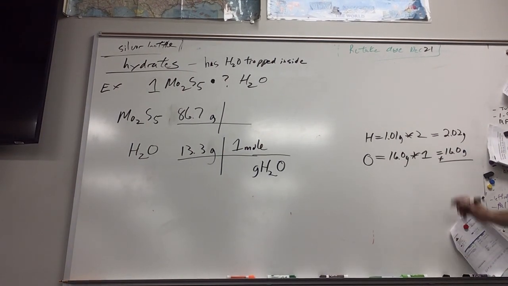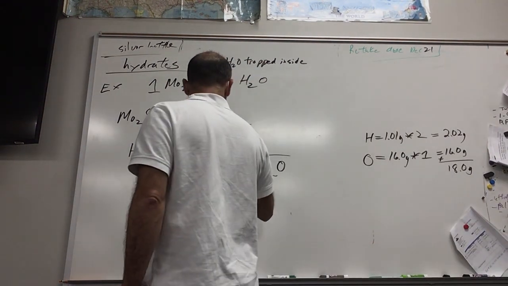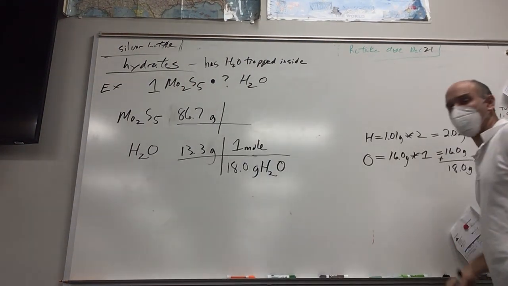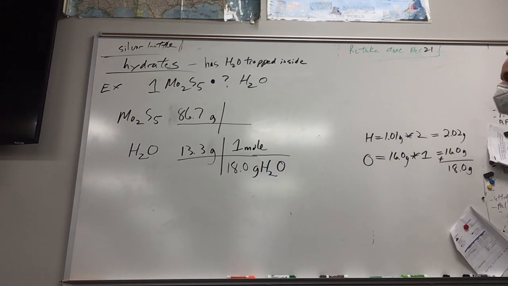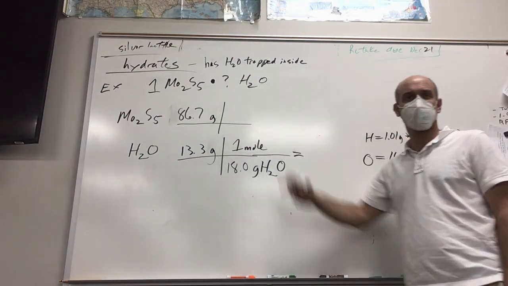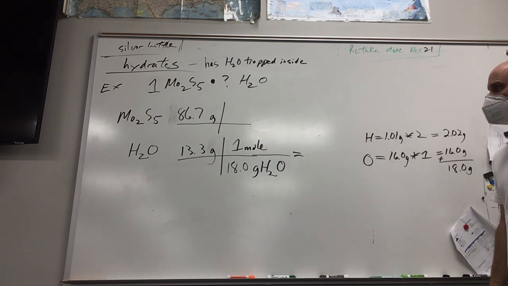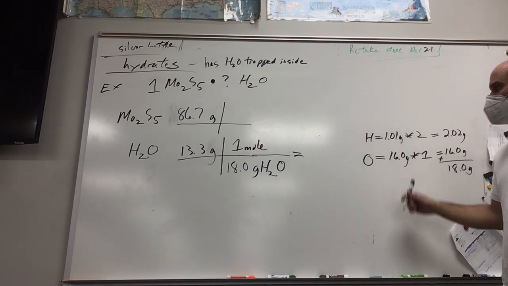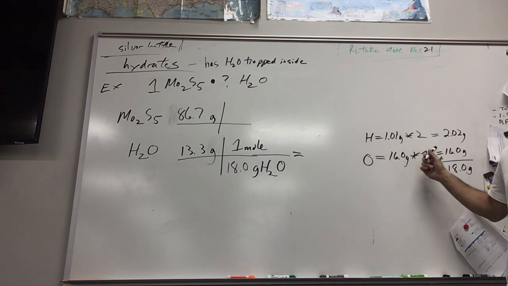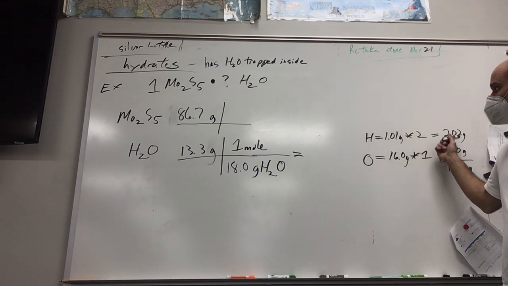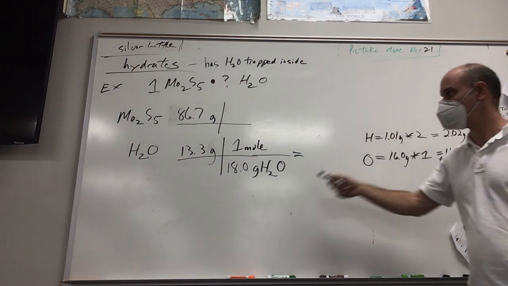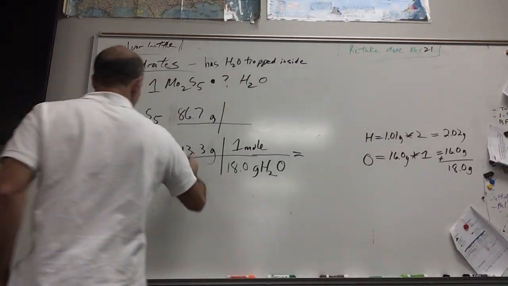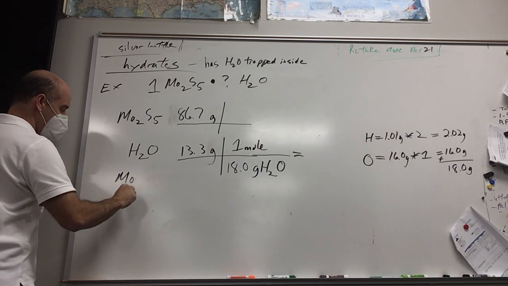Two plus 16 is 18. So that's the mass of 1 mole of water. We're gonna do the exact same thing for the molybdenum sulfide. But before I do that, are there any questions about what I did here? So find the molar mass, convert to moles. Do the same thing for the molybdenum sulfide.